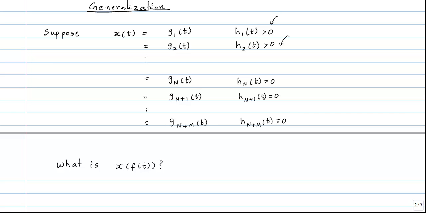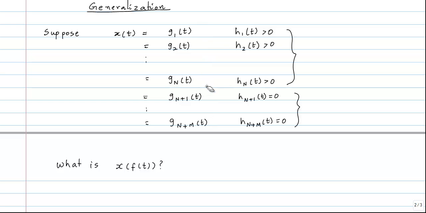And let us say we also have the signal x of t defined at m specific values of t defined by hn plus 1 of t being equal to 0, so on and so forth, until hn plus m of t being equal to 0. Okay, so these just define the range of values of t, and these define the corresponding functions.